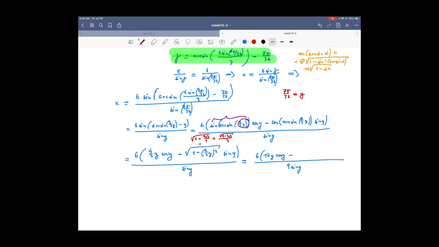If I simply multiply this by 3, not by 9, I will get 4y cosine y minus root 9 minus 4y squared sine y.